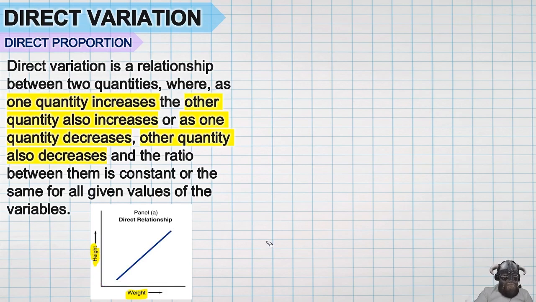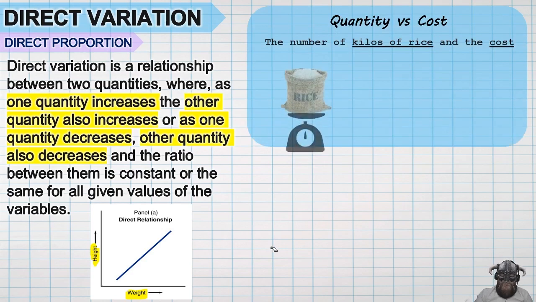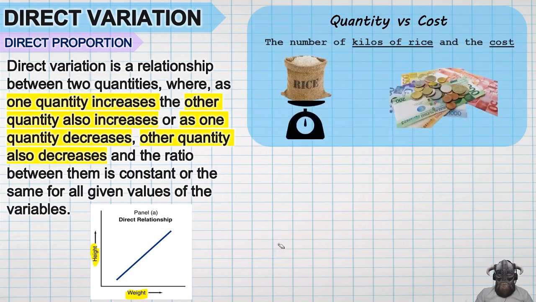Now, as we continue with some examples of direct variation, let's have this given example. One good example of direct variation is quantity versus cost, wherein it discusses the number of kilos of rice and the cost. Isang maganda example 'to. Kasi pag tumataas yung kilo ng bigas na binibili mo, syempre, yung price or yung cost nito tumataas din.